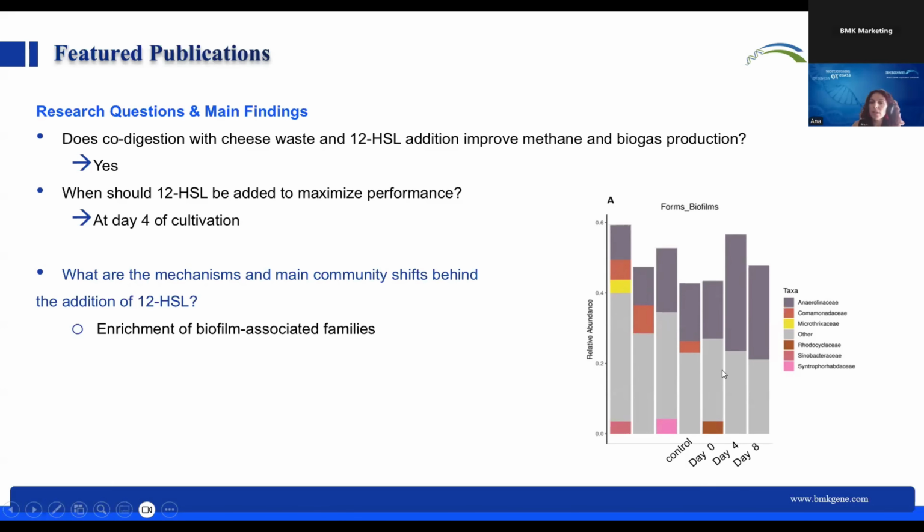This is the control, and this is when the quorum sensing molecule was added at day 0, 4, and 8. Looking at this comparison, you have a higher abundance of families that are biofilm associated when you add the quorum sensing molecule, which is expected because quorum sensing increases the cooperation among bacteria.